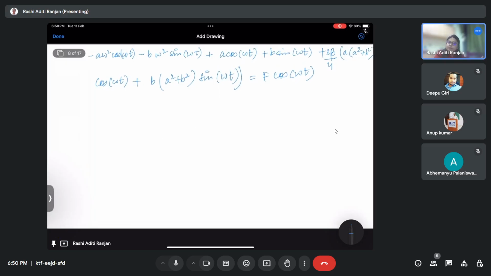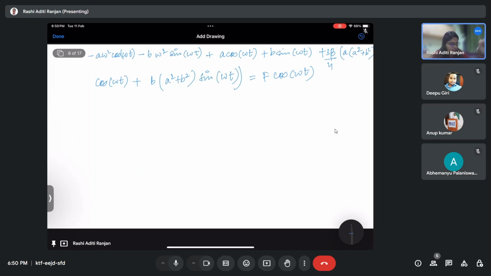Now what will I do? By the concept of harmonic balance, I will balance the harmonics on both sides, LHS and RHS. If the LHS is equal to the RHS, this is possible only if the coefficients of the cos terms and the coefficients of the sine terms are related.